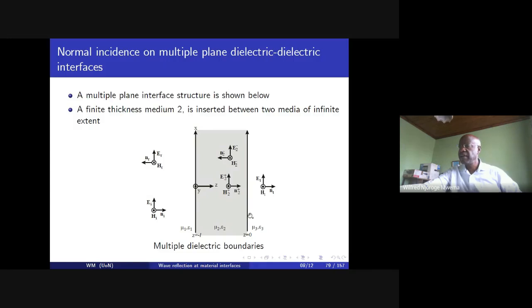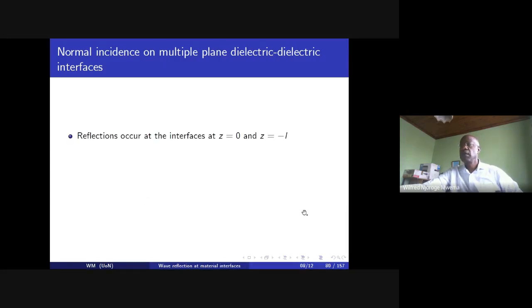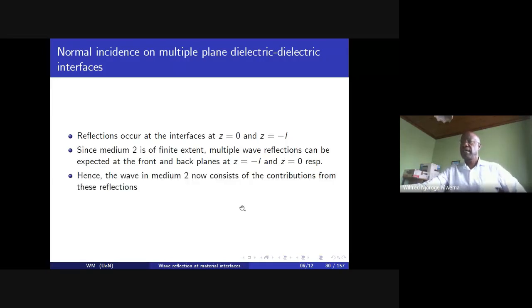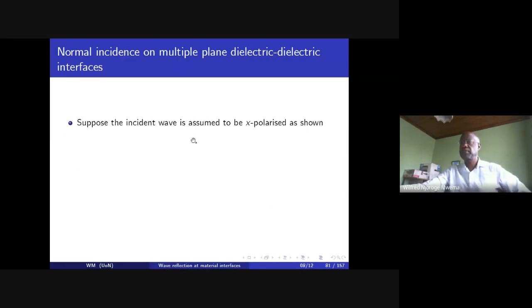Then we'll have medium 2 here. Then we'll get the values of that medium and then come to this, and we can express all of this in terms of EI alone. So medium 2 is of infinite extent. Multiple reflections will occur there, and therefore we expect that the wave will consist of the contributions from the reflections.